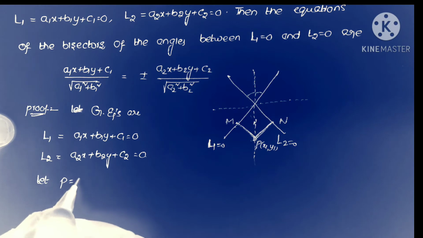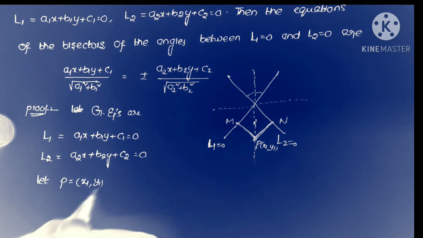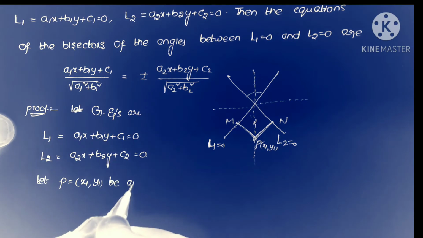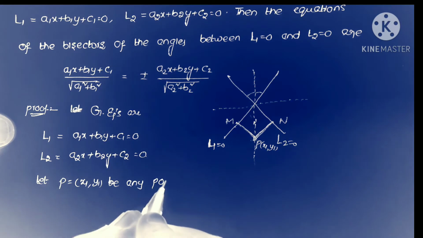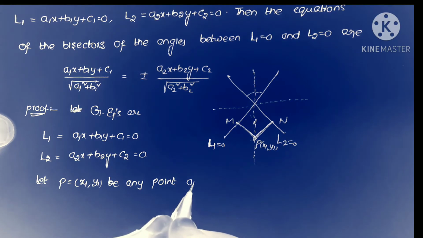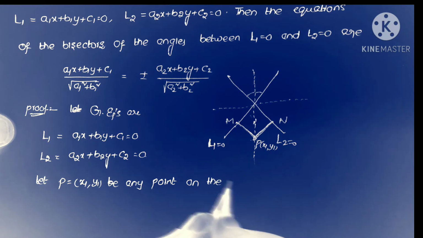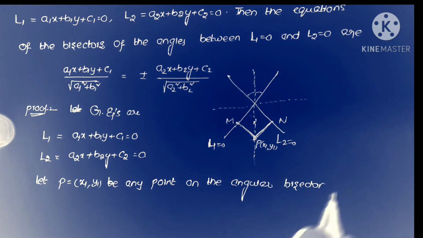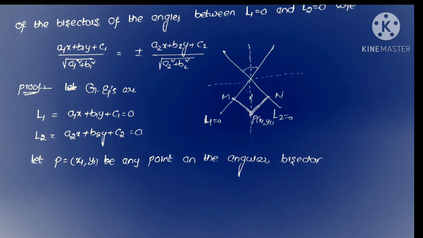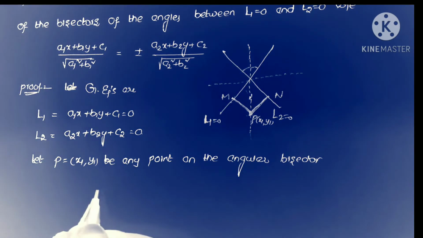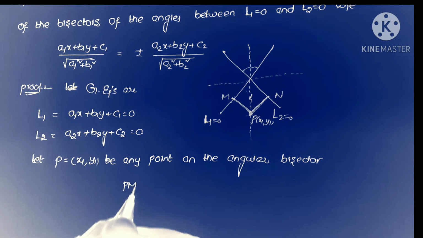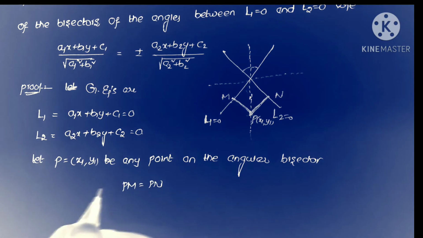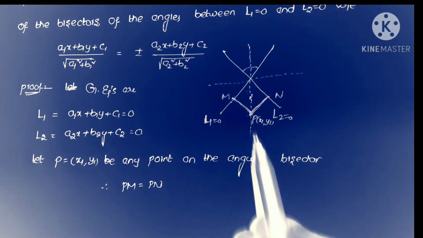Let P equal to (x1, y1) be any point on the angular bisector. Here we have two angular bisectors. We take the point on either of the two lines. By the definition of the angular bisector, we can tell that PM is equal to PN. Since it is a point on the angular bisector, the two distances are equal.